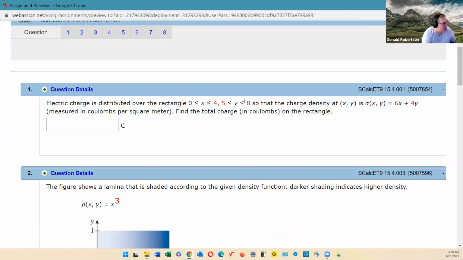So it's some kind of rectangle in the top right hand corner, and its charge density is given by 6x plus 4y. Find the total charge. If you find the double integral of a density function, you get its mass. If you find a double integral of a charge density function, you would get the total charge on that plate.